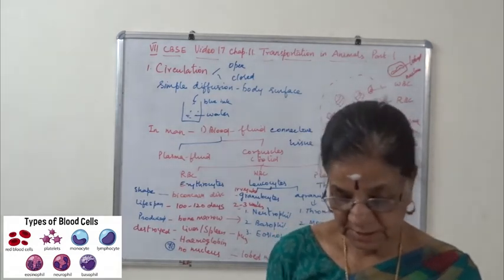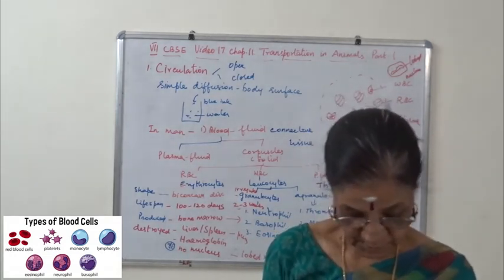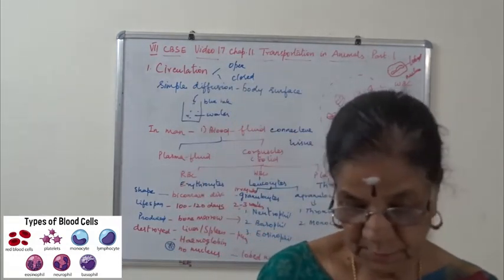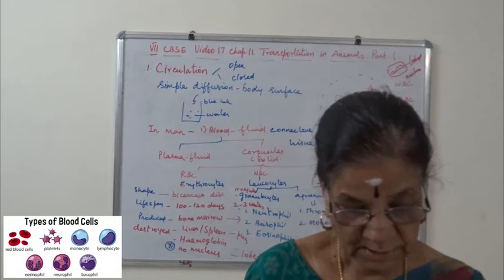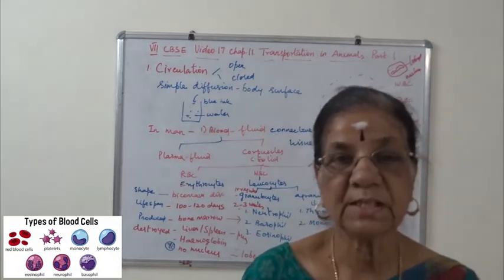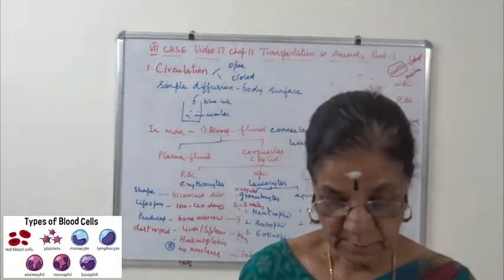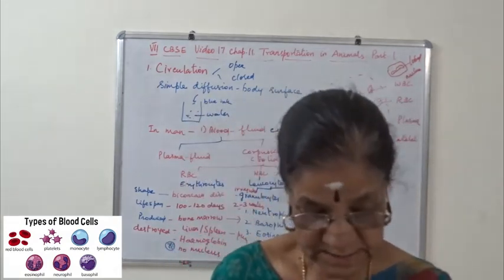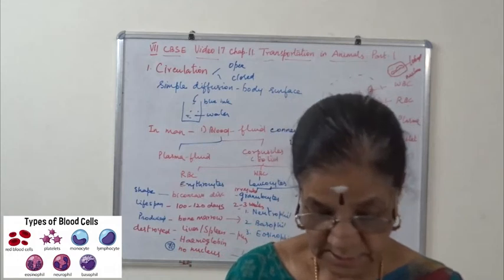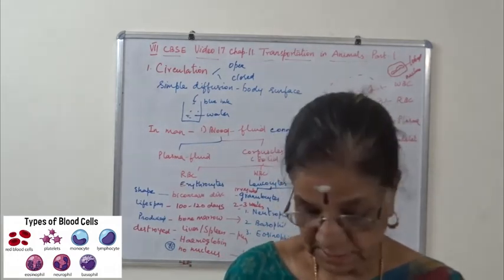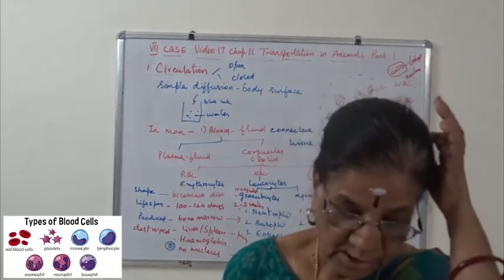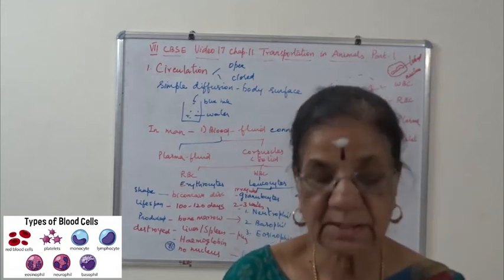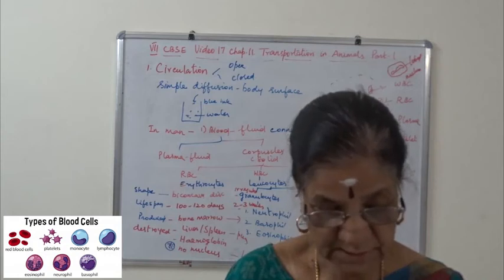Now WBC are larger than the red blood cells but fewer in number. They do not have a definite shape, another irregular shape, children. They help the body to fight against infection by destroying disease-causing microbes and harmful foreign substances that enter the body. So if the number of WBC increases, then you may have an infection.